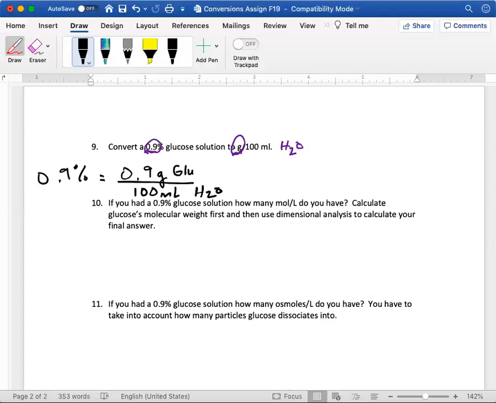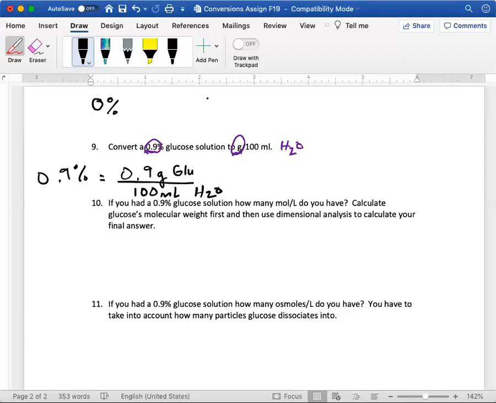Okay, so in addition to that, I want you to try some on your own. So here's a 0% solution. Why am I doing this? For the molecular activity lab, you're going to look at red blood cells in different solutions. And we're going to start talking about osmolarity and tonicity.